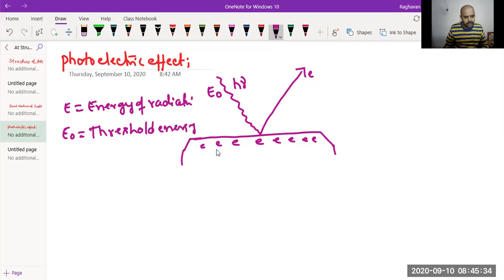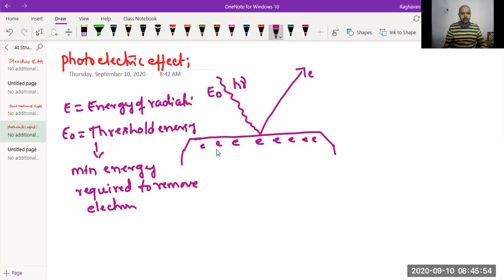What is threshold energy? It is the minimum energy required to remove an electron. So E naught is equal to h nu naught. What is nu naught then? Nu naught is called threshold frequency.